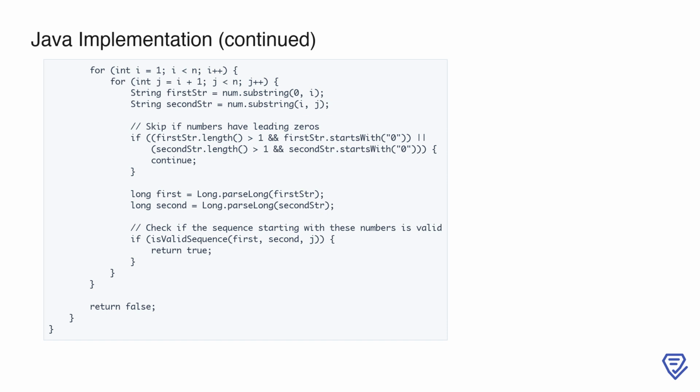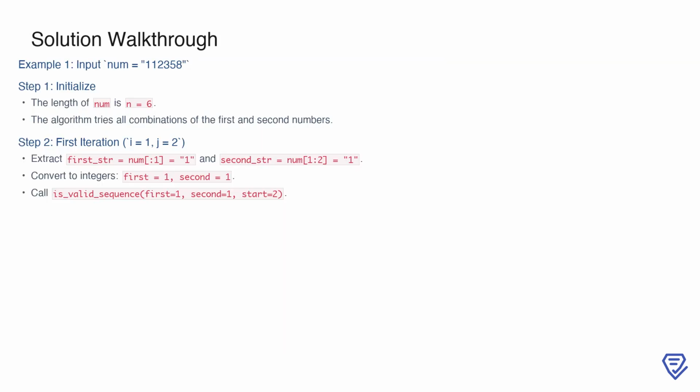To solve the problem of determining if a number is an additive sequence, we first consider the input number equals 112358. The length of this string is 6, and the algorithm begins by trying all possible combinations of the first and second numbers. In the first iteration, we set i equals 1 and j equals 2, which correspond to the indices that separate the first and second numbers in the string.